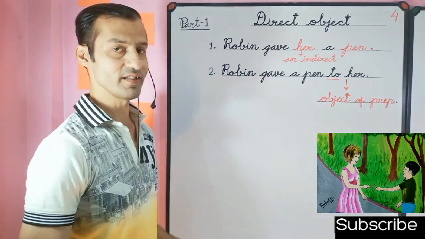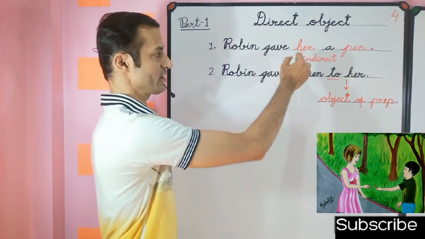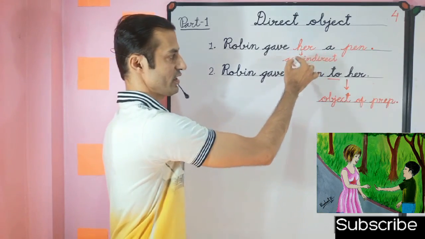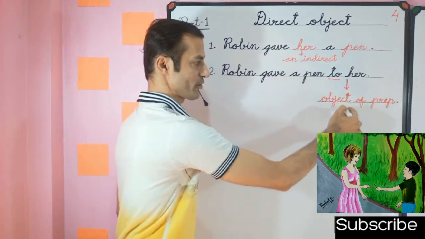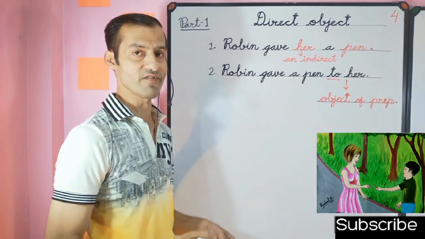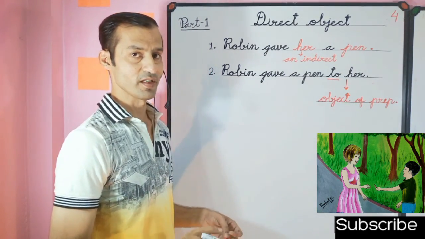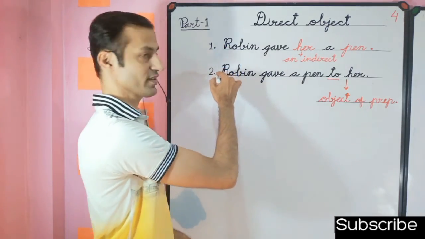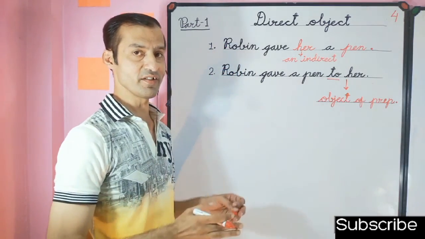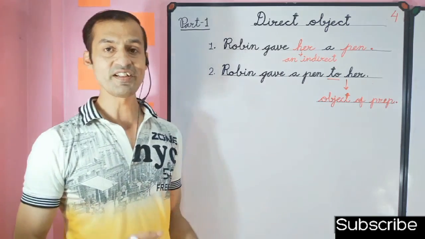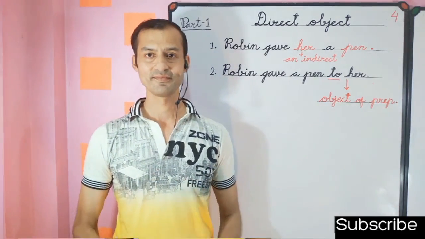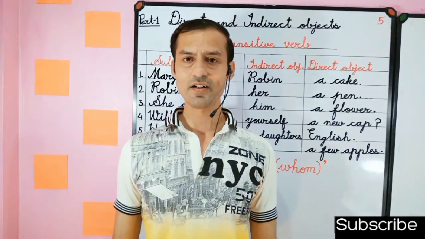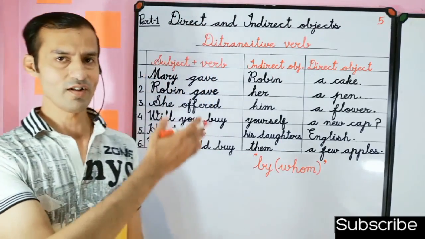In the first sentence, her is an indirect object, and in the second sentence, it is the object of preposition. The first and second sentences can be written or spoken in different ways, but they have the same meaning.